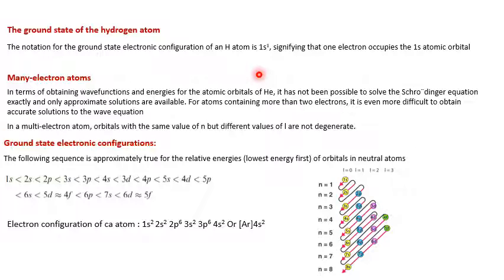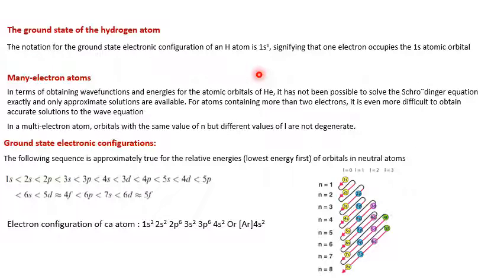In terms of obtaining the wave function and energies for the atomic orbitals of helium, it is not possible to solve the Schrodinger equation exactly. Like one electron systems, hydrogen and hydrogen like systems, for example helium plus, it is possible to solve the Schrodinger wave equation exactly, and thus we can get everything about that particular atom.